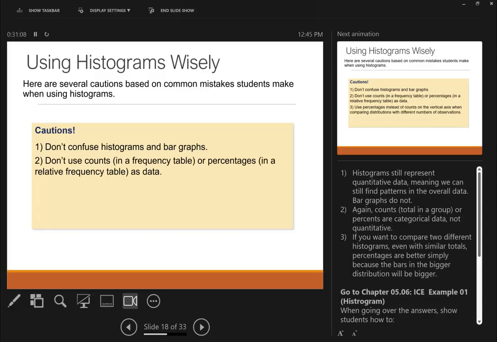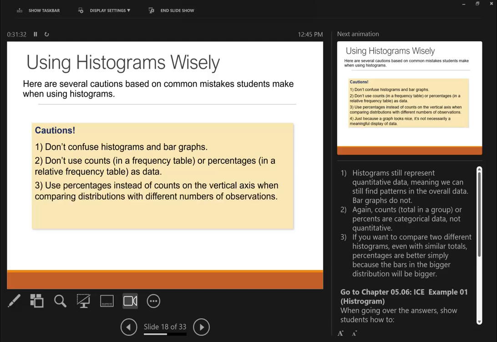It's a bar graph. Sometimes students will screw up the x and y axis and put the counts or the relative frequencies on the x-axis. It's not where that goes. The x is always the variable. The y is always the count or the percentage.